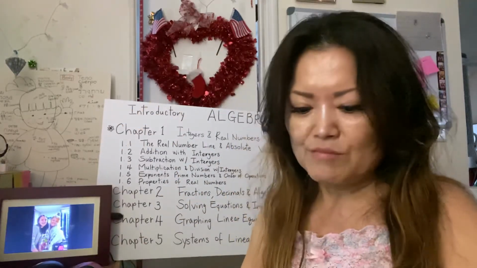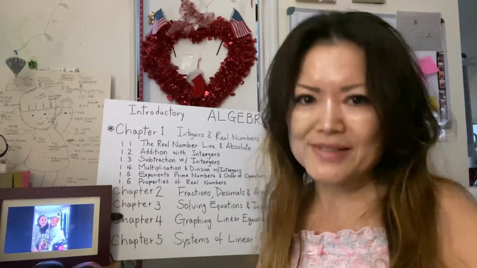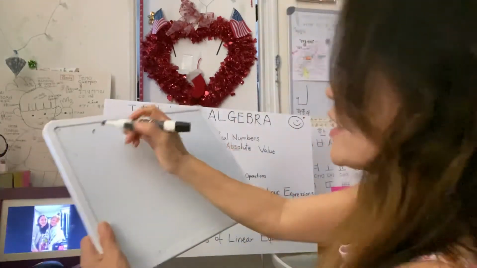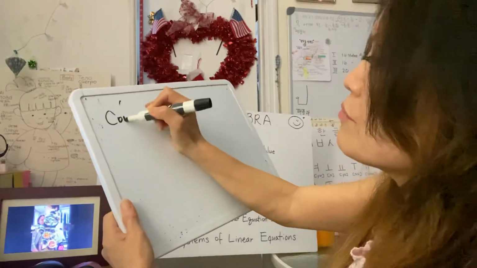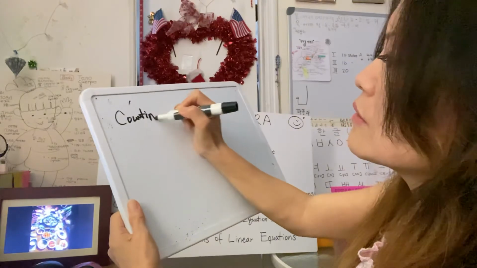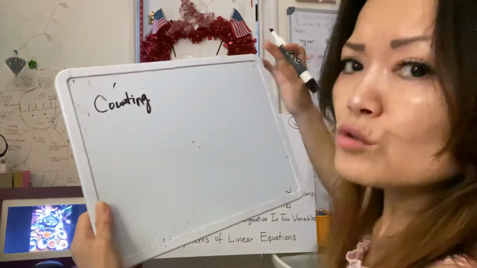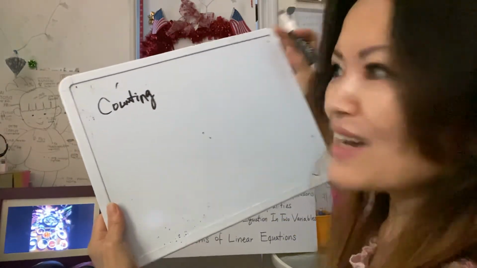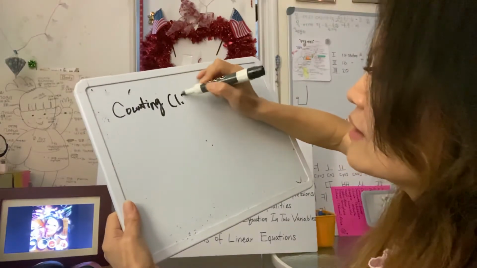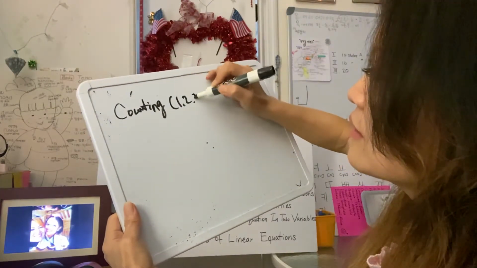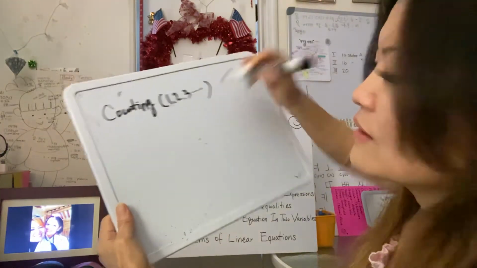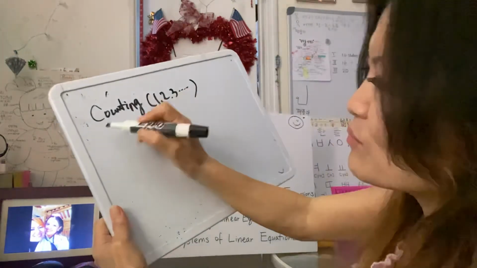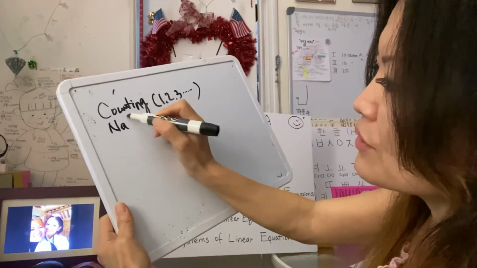Remember that? But now I'm going to go the opposite way. Can you count? Counting numbers: 1, 2, 3, 4. I can count them, right? That's called natural numbers.